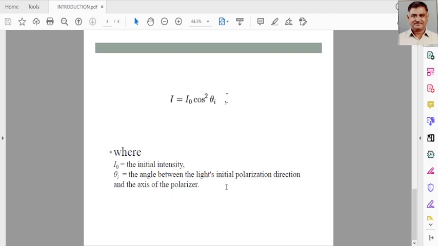This Nicol prism was designed by William Nicol in 1820, and it is also used in various polarimeters, particularly the Laurent half-shade polarimeter, and after it we will discuss specific rotation using the half-shade polarimeter.